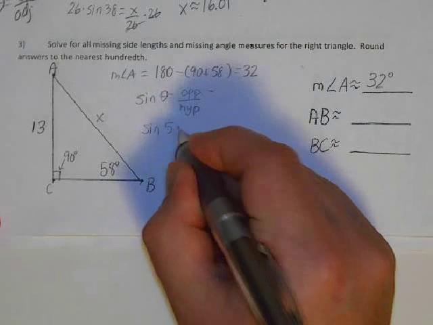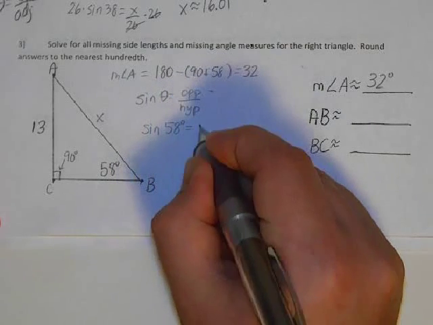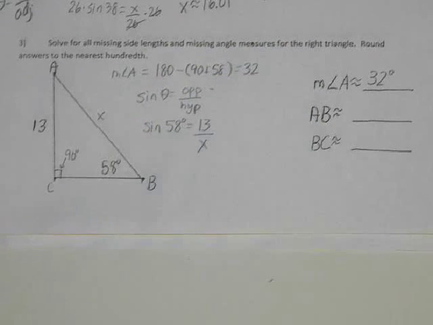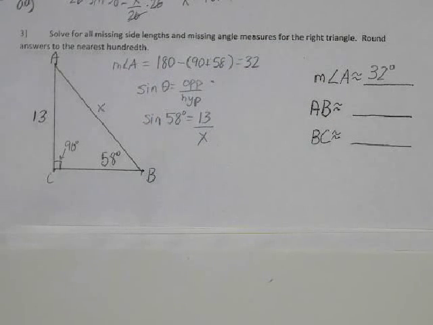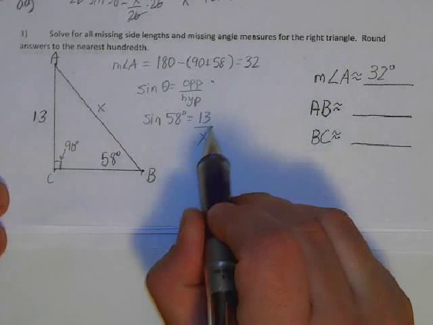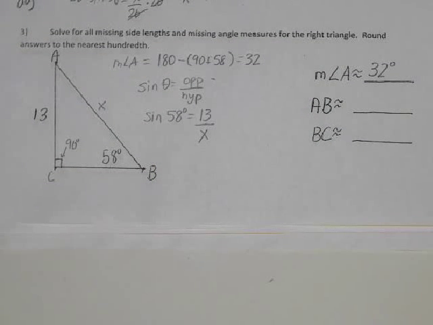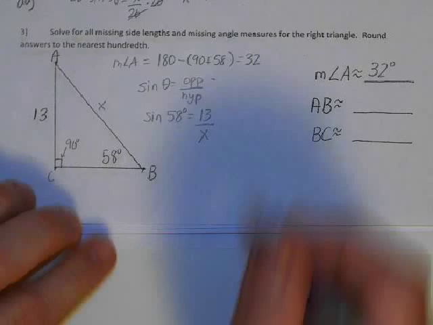But when I write the equation, it's going to look a little different, because the opposite is 13, and we don't know the hypotenuse. A common mistake at this point is to multiply both sides by 13. But if you do that, you end up getting 169 over x over here, and it doesn't get you any closer to really solving the problem.